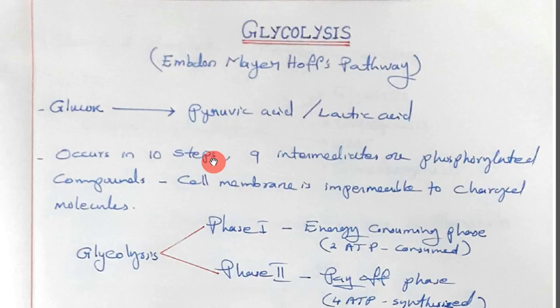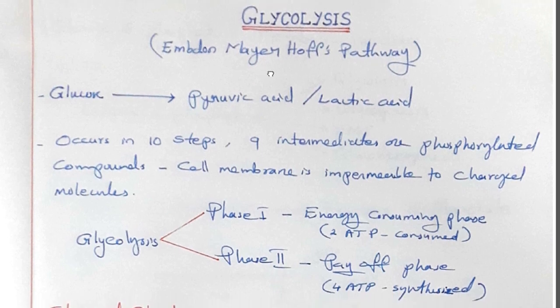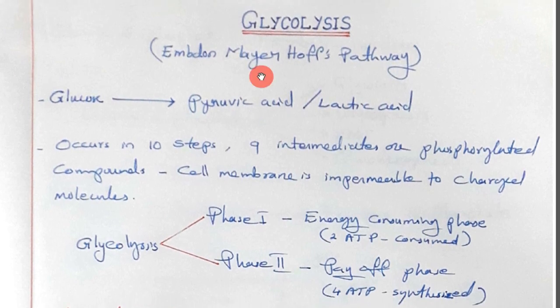Once again, welcome back to today's topic, that is glycolysis. It is also called Embden-Meyerhof pathway, or EMP. As the name indicates, glycolysis is the breakdown of glucose.